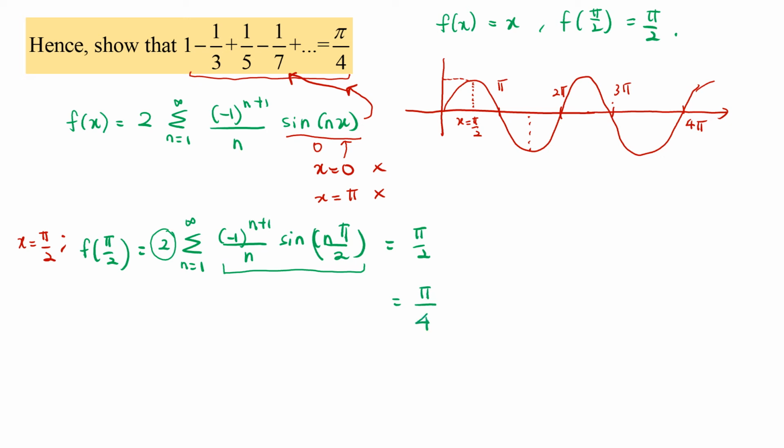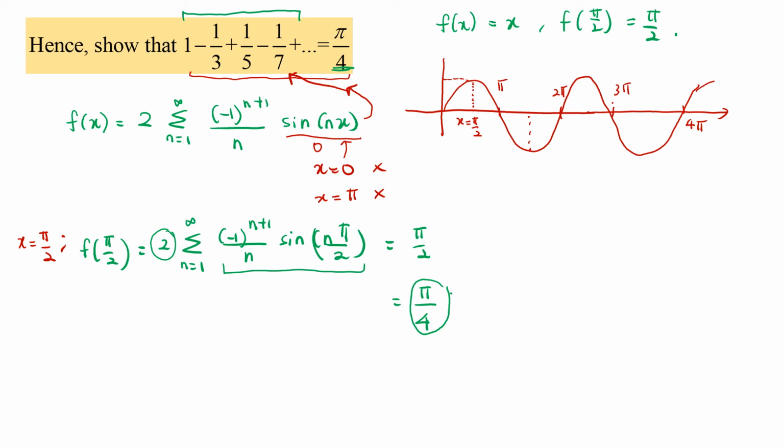So you can see that this has satisfied the right hand side. So it means that choosing x equals pi over 2 is the correct one so far. Okay, so let's see if we can get the series of 1 minus 1 over 3 plus 1 over 5 minus 1 over 7 plus and so on.